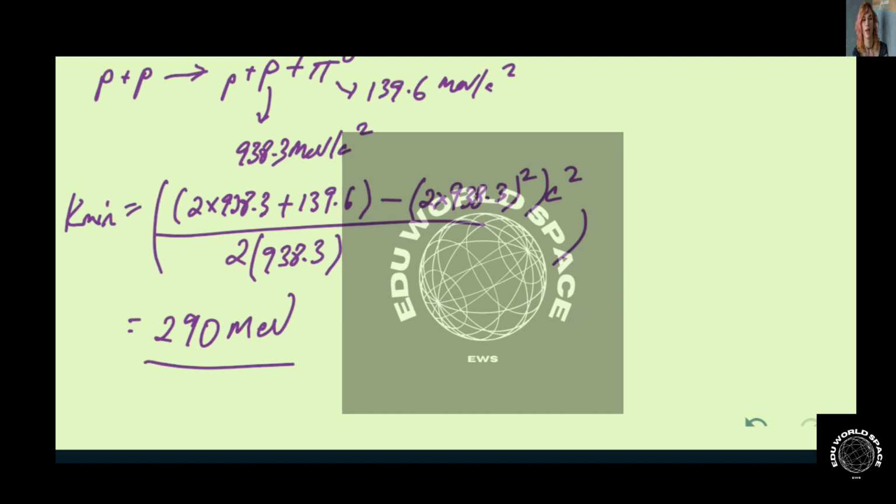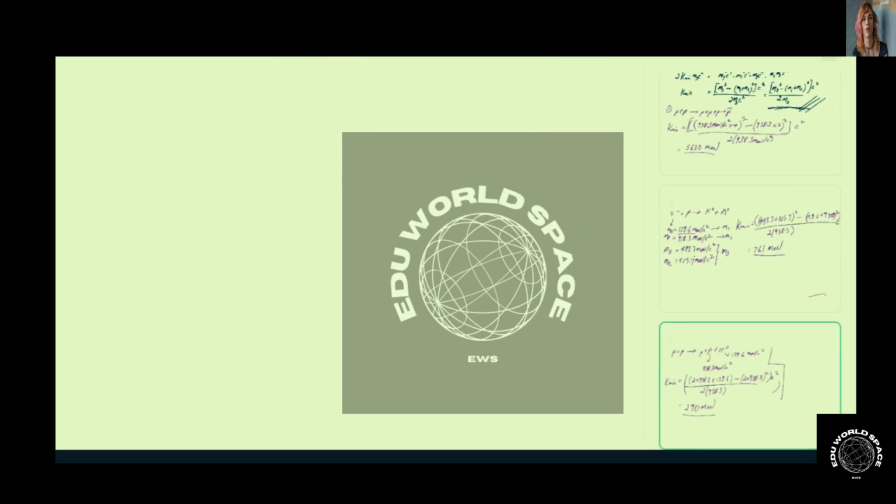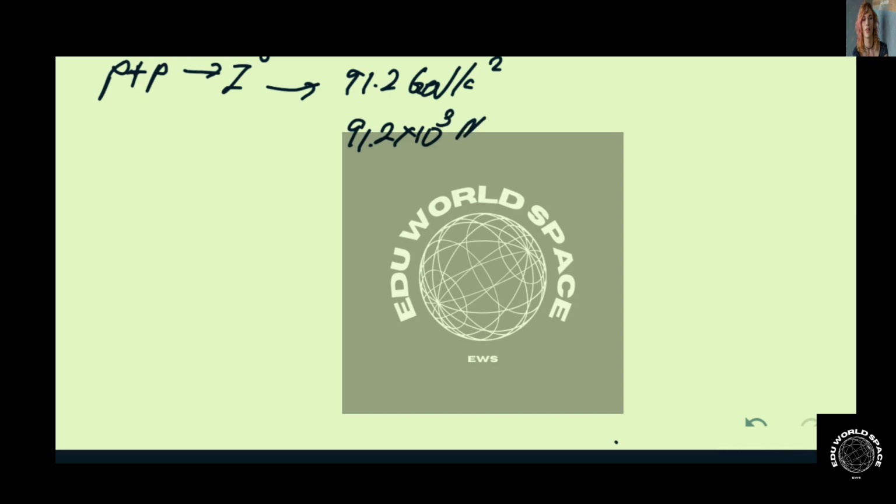For the final equation, we have one proton and one antiproton producing the Z0 particle. So this Z0 is given as 91.2 GeV per c square, which is also 91.2 times 10 to the power 3 MeV per c square.